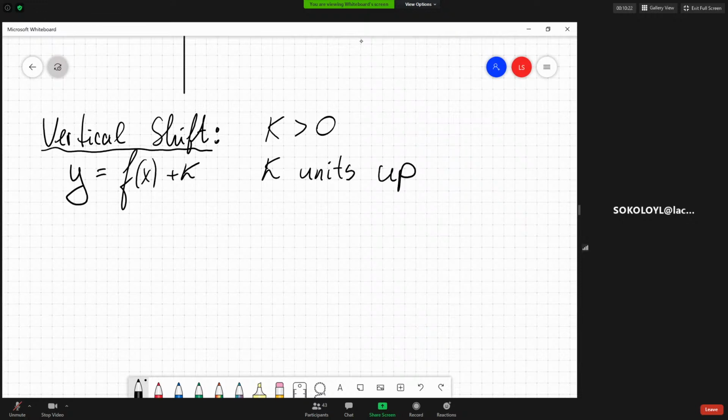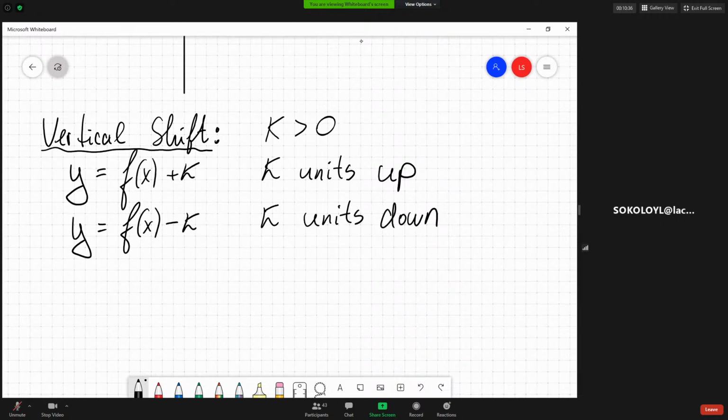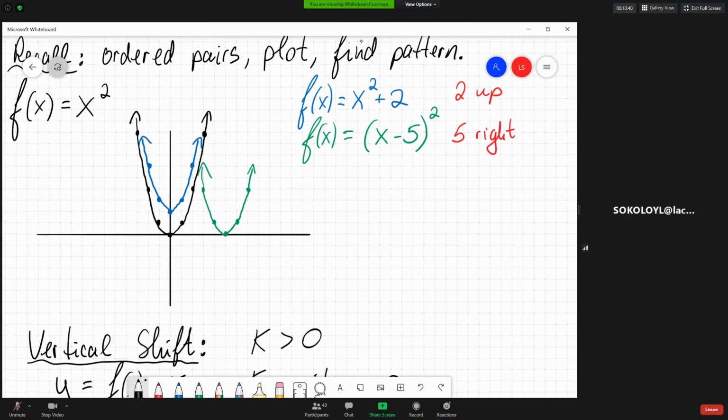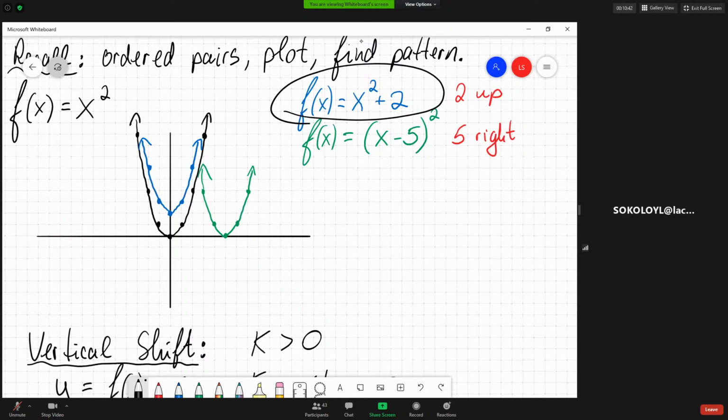So plus k is outside of the function. That's k units up. And if we have f of x minus k, then that will be the graph of f of x moved k units down, as we can see on this example over here. We had x squared plus 2, so we had the graph moved 2 units up.